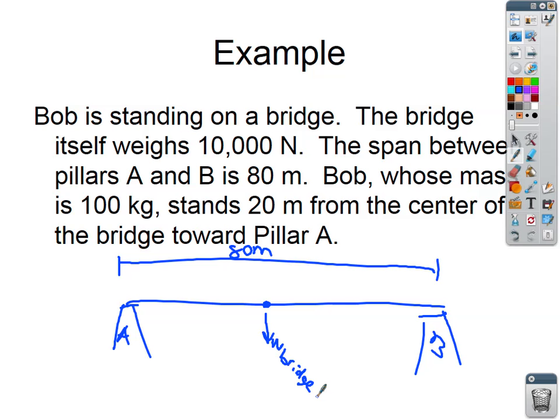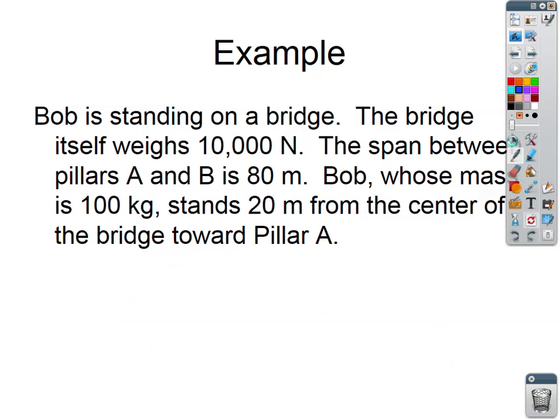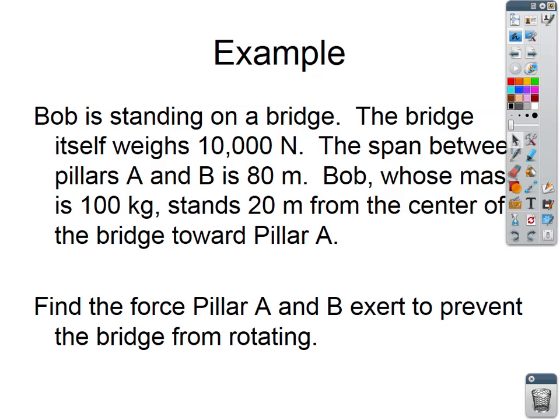Bob is 20 meters from the center, so it turns out he's exactly 20 meters from pillar A. It just happens that way. What if it was 100 meters long and I said 20 meters from the center? He'd be 30 meters from pillar A, but it happens that he's right in between pillar A and the center of the bridge. Okay? Moving on. The question is, find the force pillar A and pillar B exert to prevent the bridge from rotating.